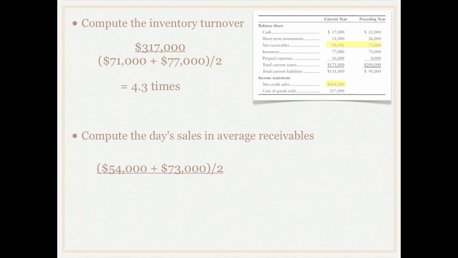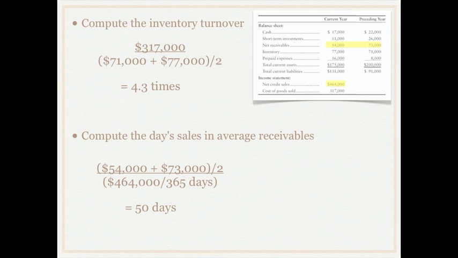And then to calculate 1 day's sales, we take our net credit sales of $464,000 and divide that by 365 days. When you calculate the math here, you will get the days sales in average receivables to be 50 days.